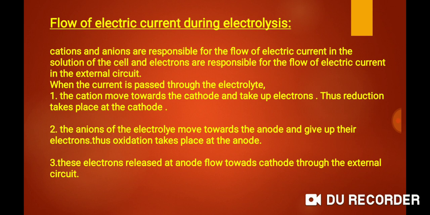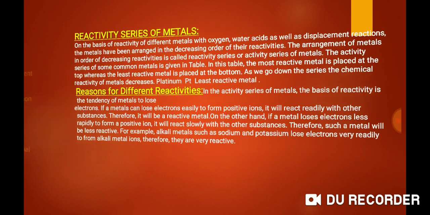Similarly, the anions of the electrolyte move towards the oppositely charged electrode, that is the anode, and give up their electrons, hence oxidation takes place at the anode. These electrons, which are released at the anode, flow towards the cathode through the external circuit.